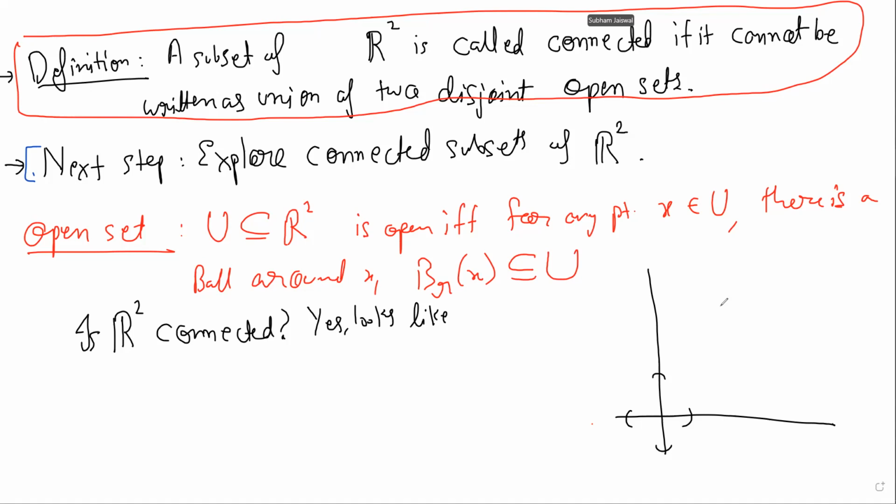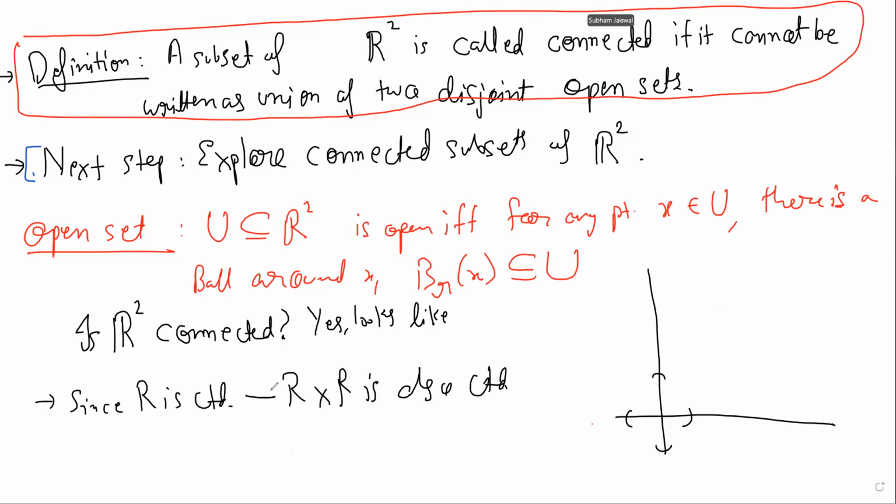Maybe you're trying to say that since R is connected, R times R is also connected. Something like this you're saying. But this is not so trivial to prove, right? We have not given a proof of this.